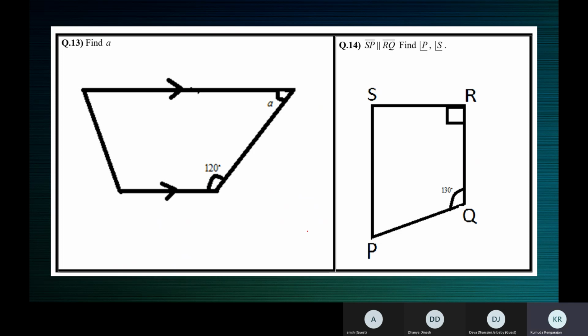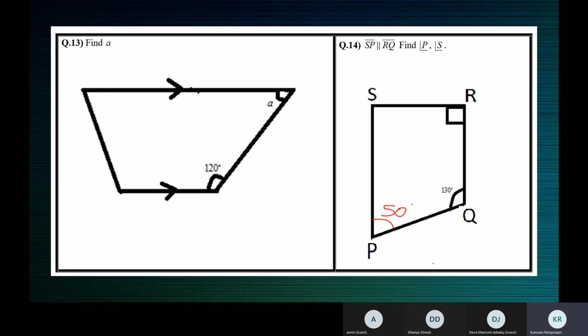Now tell me, children, then what's the value of angle S? 90, ma'am. How? How much did you find? This one is 50, right? Yes, ma'am. Okay. You can do it in two ways.